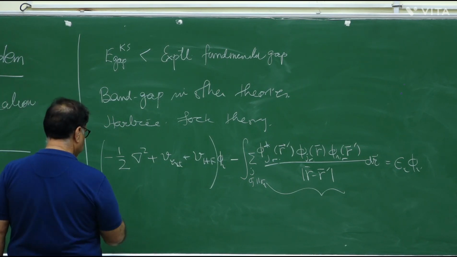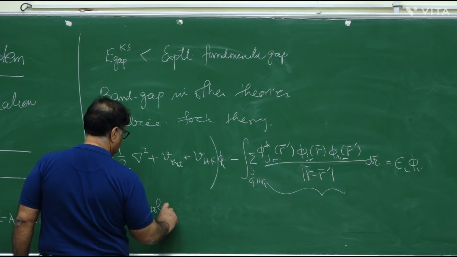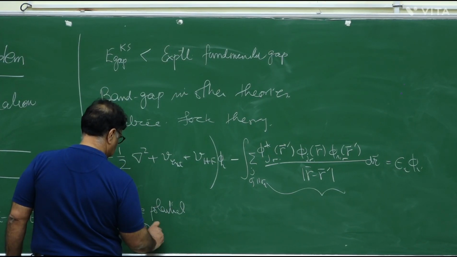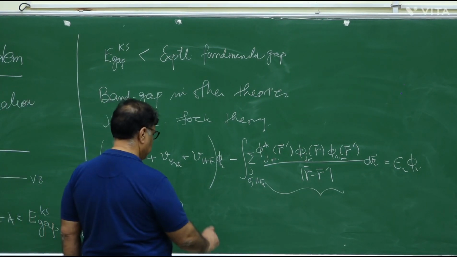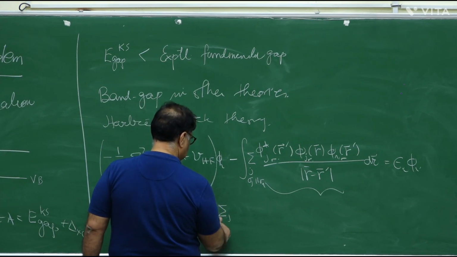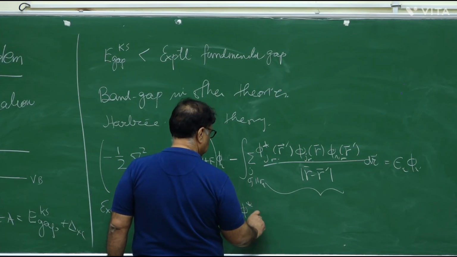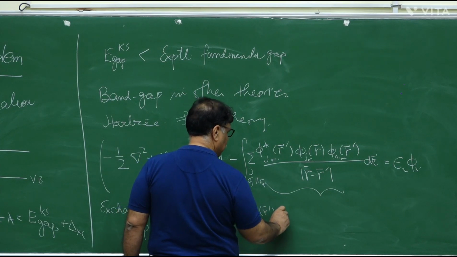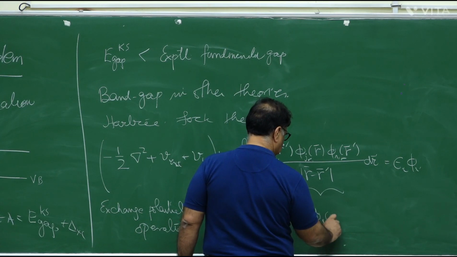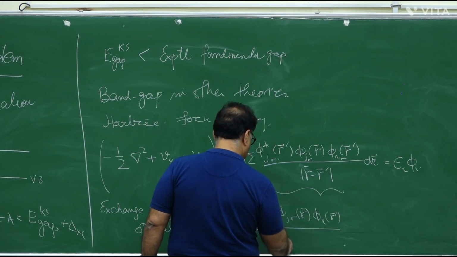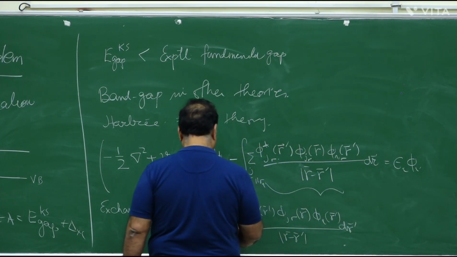Now, if I look at the exchange potential, this is nothing but the summation over j, sigma j equals sigma i, so sigma is the same, so I just write this as phi j star sigma(r prime) phi j sigma(r) phi i(r prime) over |r minus r prime| dr prime.